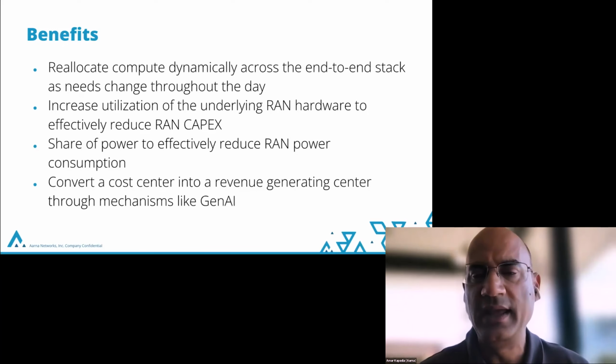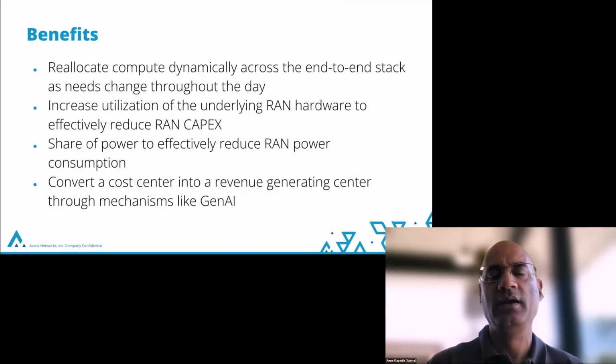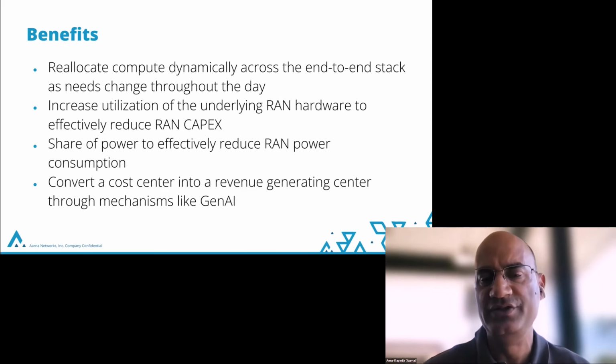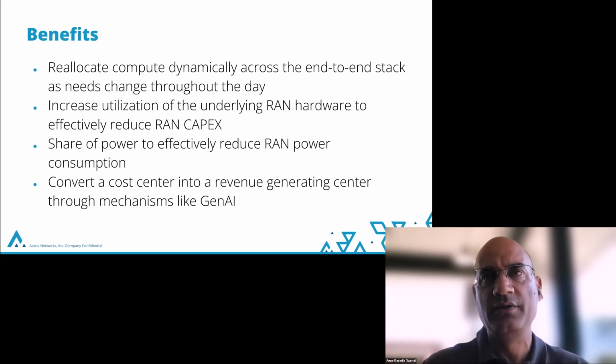If you could take the unused cycles and utilize them for something like Gen AI as an MNO, now you can monetize that. You can sell that to businesses, enterprises, and generate revenue. So three benefits: you cut the effective CapEx, you cut the effective power consumption, and you have the possibility of generating additional revenue.